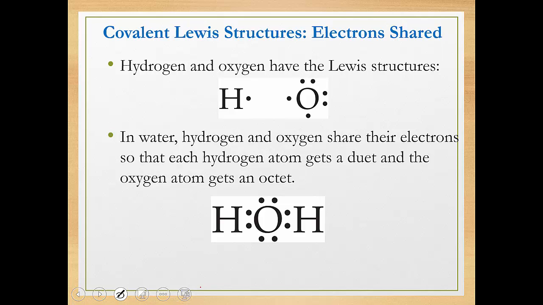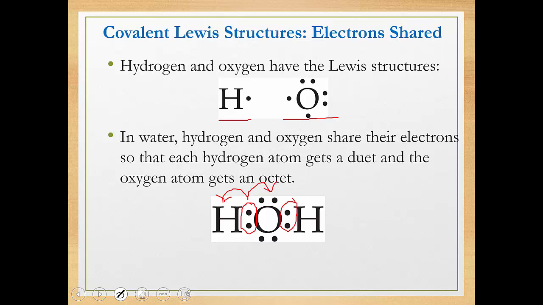For example, water, classic Lewis structure for a covalent compound. Hydrogen has this Lewis structure, oxygen has this Lewis structure. In water, we know it's H2O, so each hydrogen and the oxygen will share their electrons so that each hydrogen atom gets the duet. So these two electrons that are between the hydrogen and oxygen, hydrogen counts both of them to complete its duet, but oxygen also gets to claim those two in order to up its count.